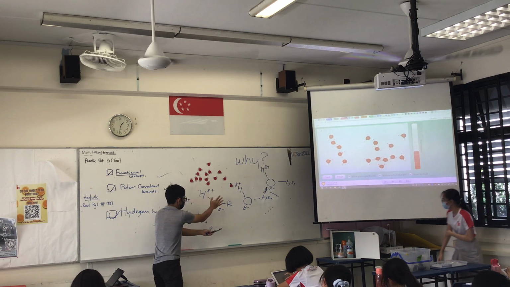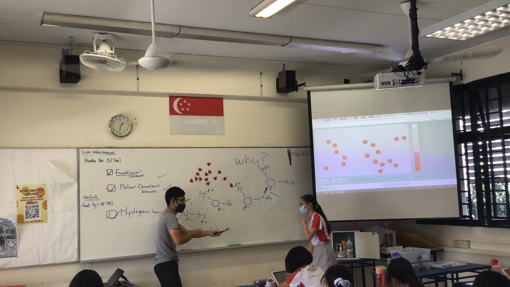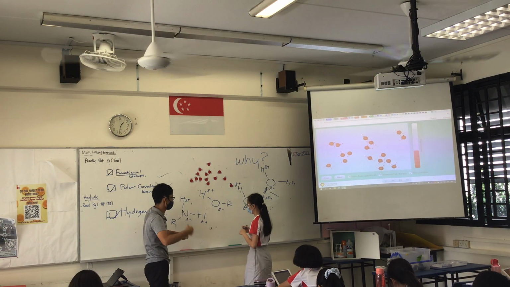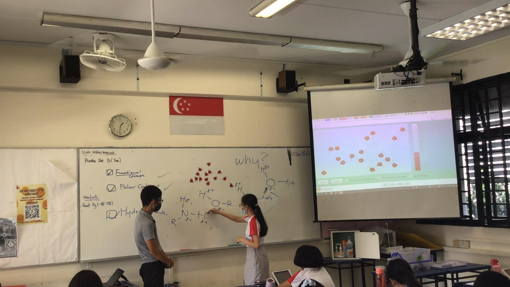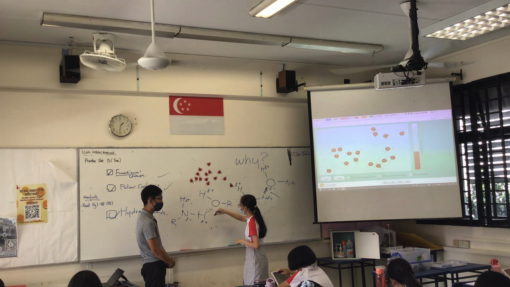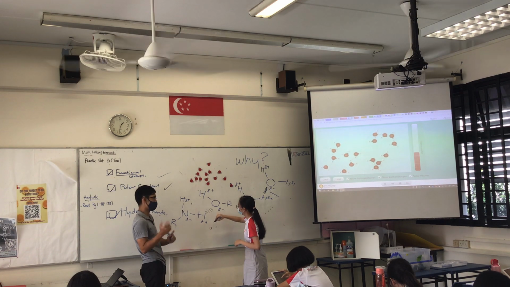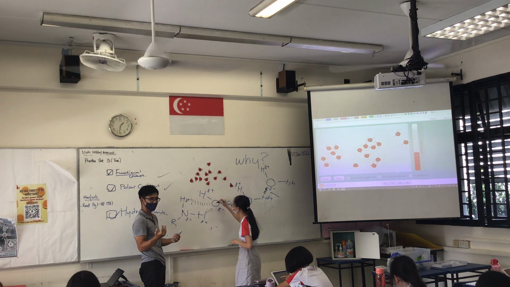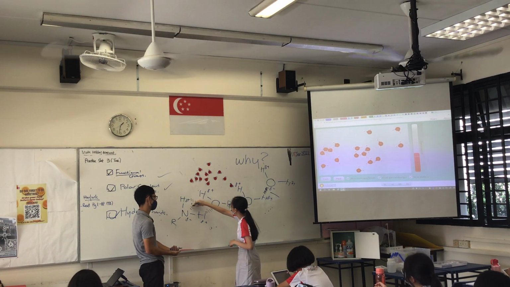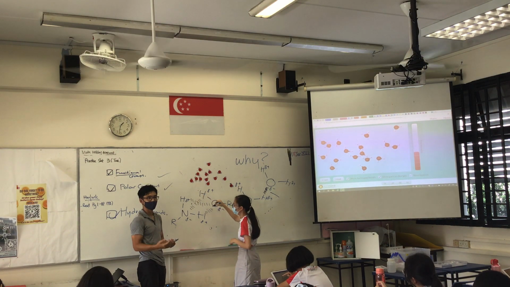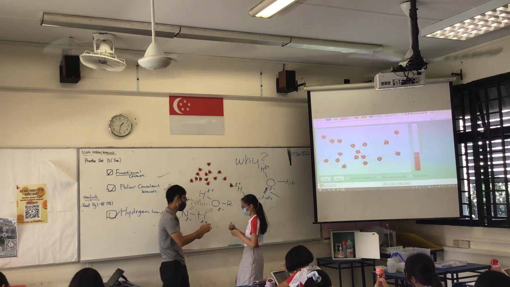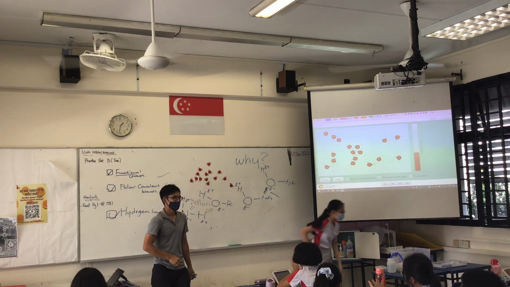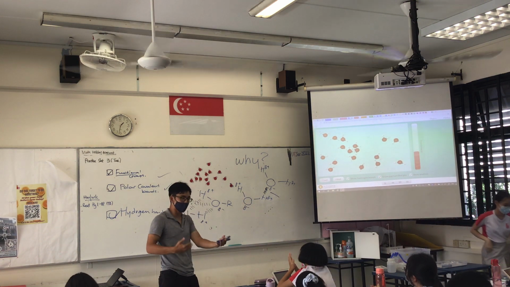Where can these two interact with each other via hydrogen bonding? Possible? Any more? Possible, right? Okay, thank you. Let's give a round of applause. Quick thinking, just come out, just try.